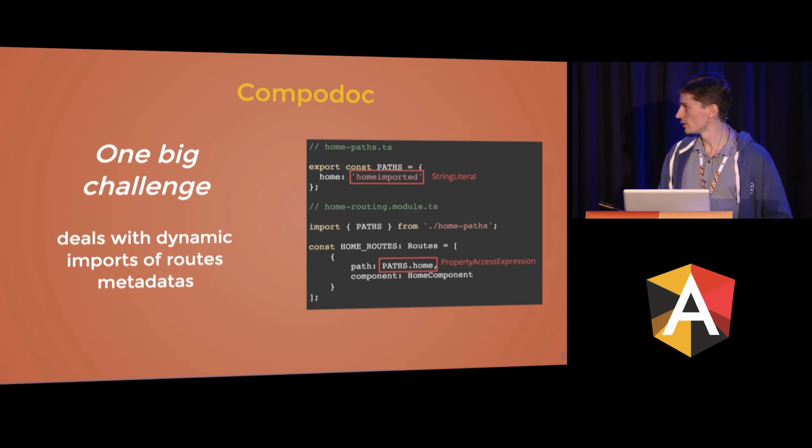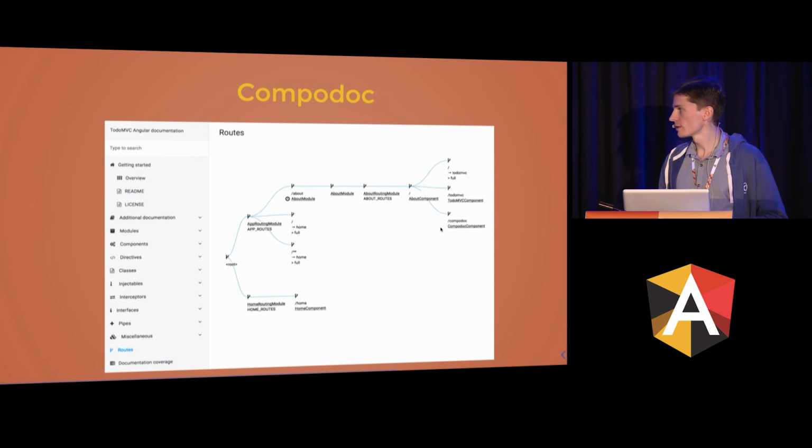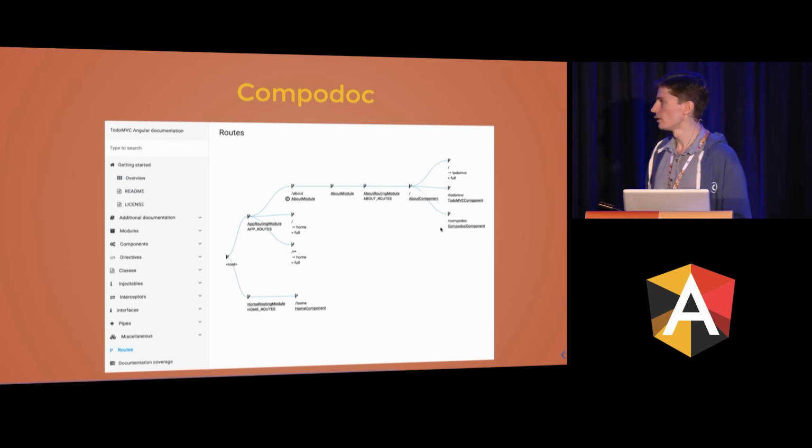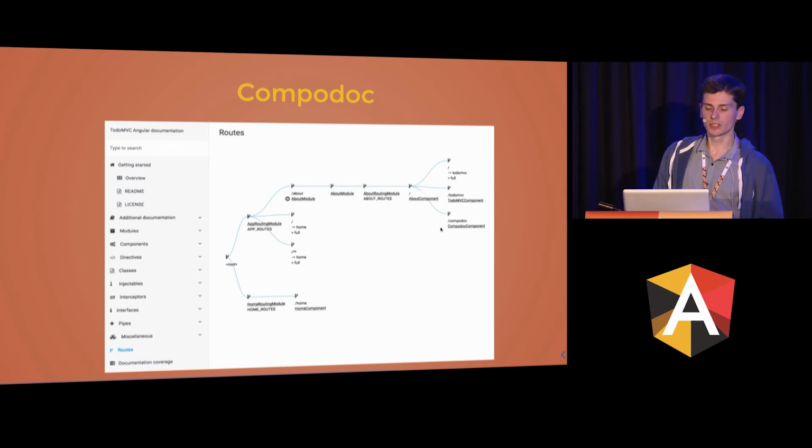Here it's home-path, and get the final string value we want, and with that, edit the AST node of this route definition and add the correct string. And after, you can get this kind of graph where you can see all the routing of your application without going inside your files and definitions. So it's a good example of playing with the AST and managing all the APIs of TypeScript.